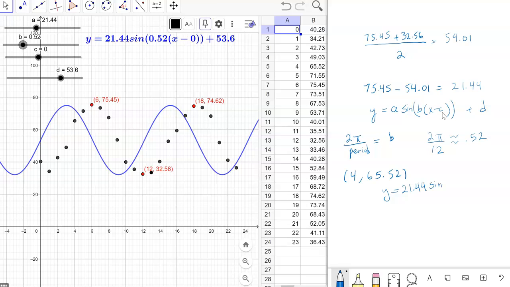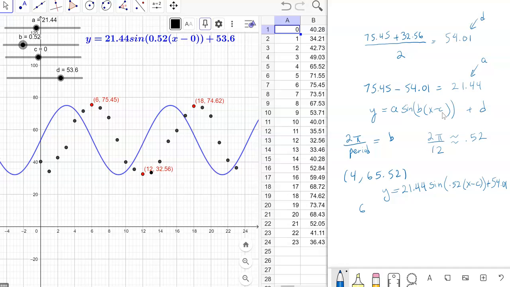Sine of 0.52 times x minus c plus d, and d was the first value we had found, right? So this was d, and this was a. So plus 54.01. And we plug our x and y into this equation.